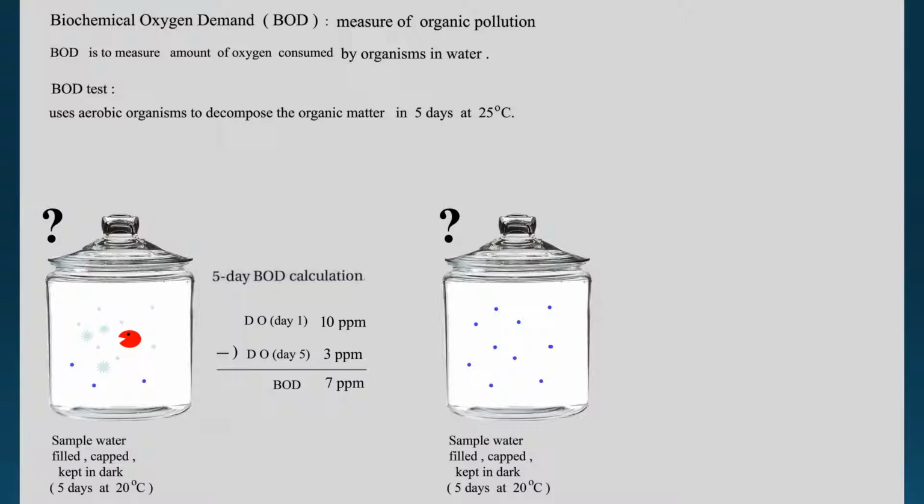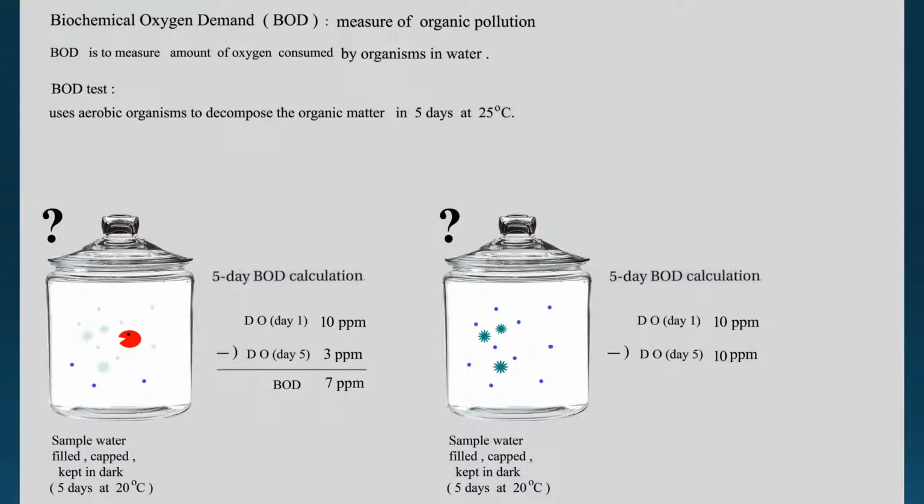If I do another sample from a different river, where I also suspect bacteria, I do the same trick. I put in some food with the lid on and do a 5-day BOD calculation. Day 1, 10 ppm.